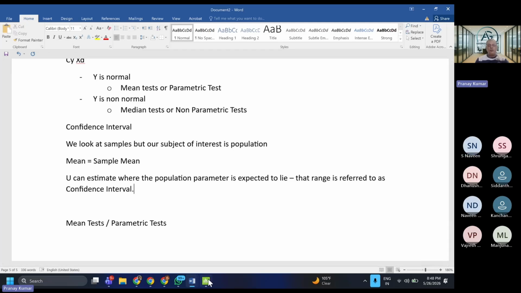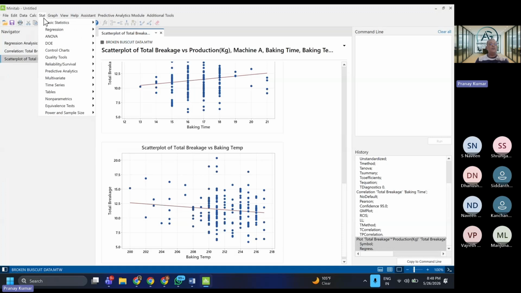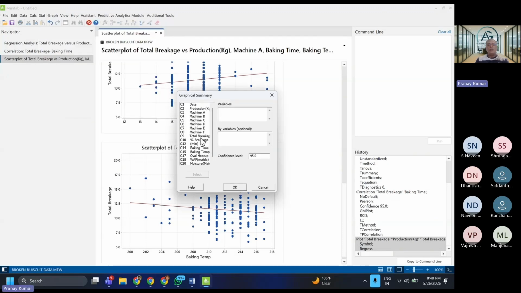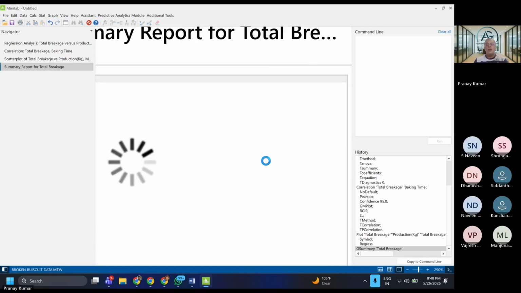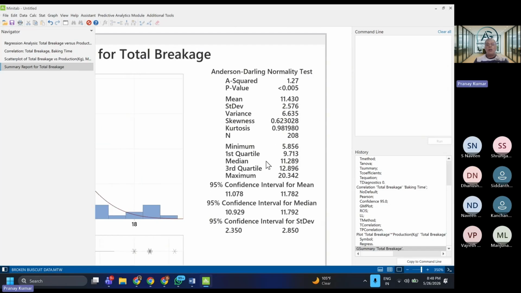If I do a simple graphical summary right now, I go to stats, basic stats, graphical summary. Let's say my project is total breakage. If you see here, my mean is 11.43. Everyone, you can see this?